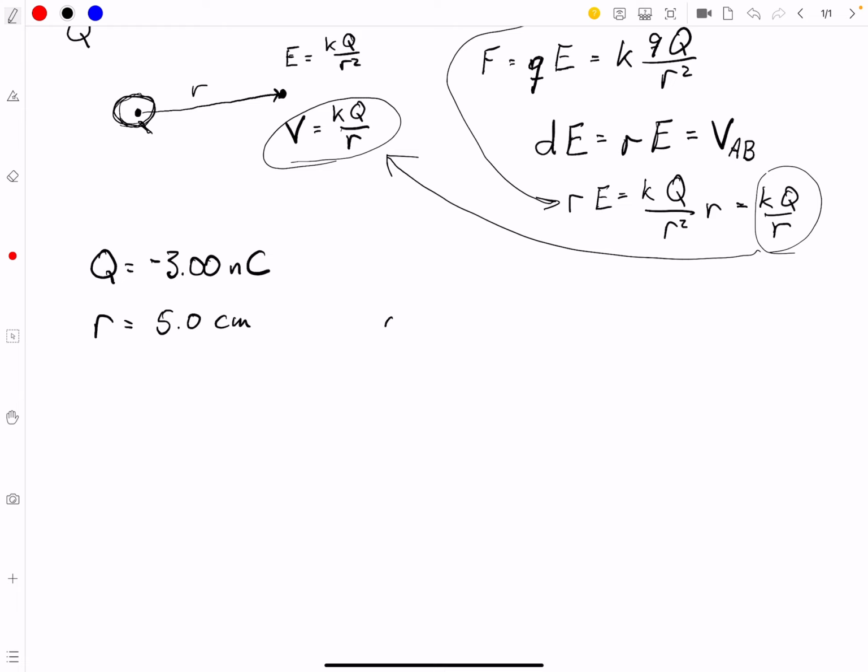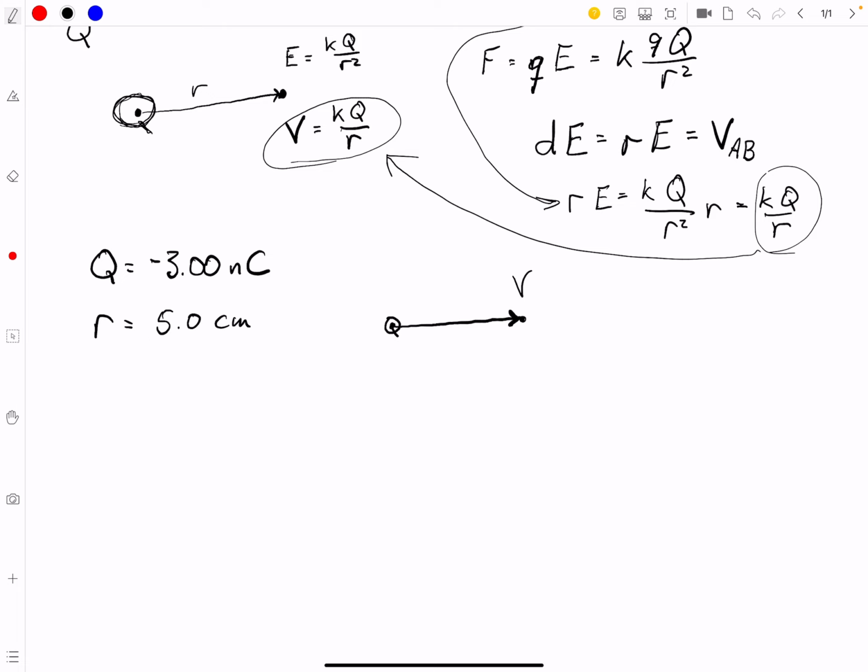So here's our Q, right in the heart of the Q, that's our charge, point charge. Here's our distance R, and right here is where we want to know V. Okay?